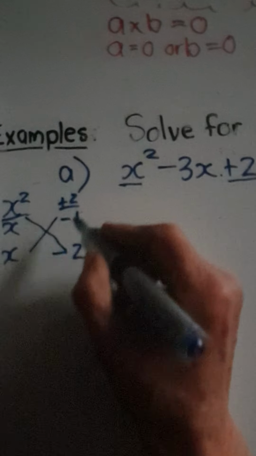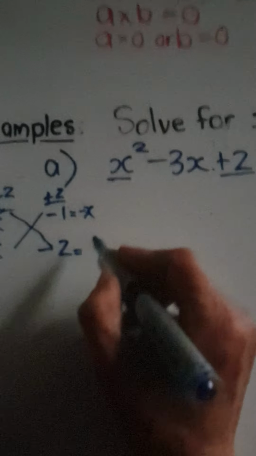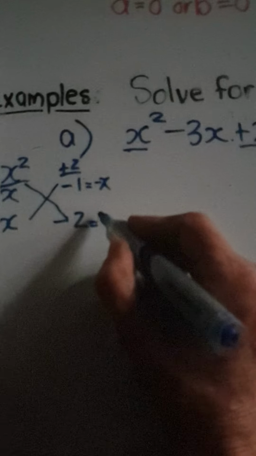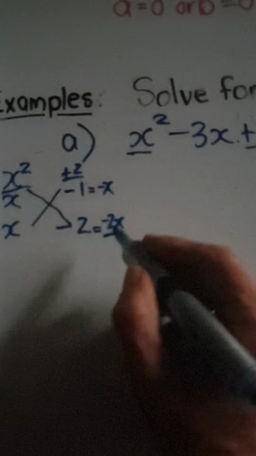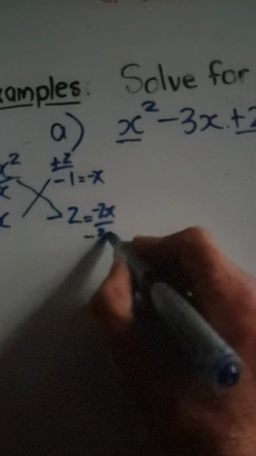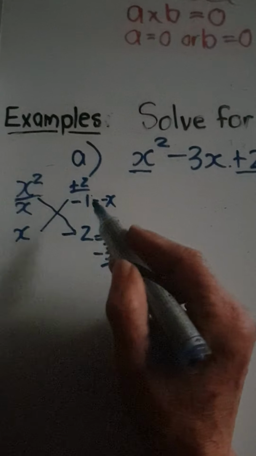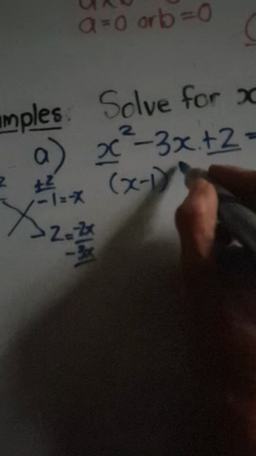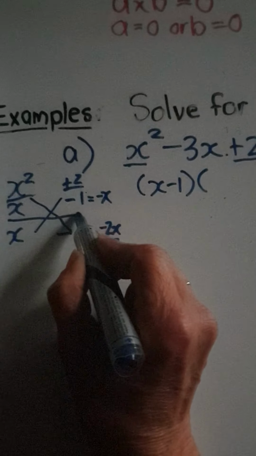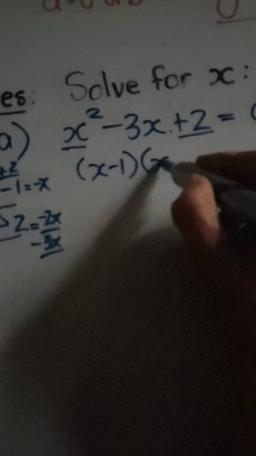That will be minus x and this will be minus 2x, and if I add negative x and negative 2x, I get negative 3x, which is what I want. So my brackets are x minus 1 as my first bracket, and x minus 2 as my second bracket.